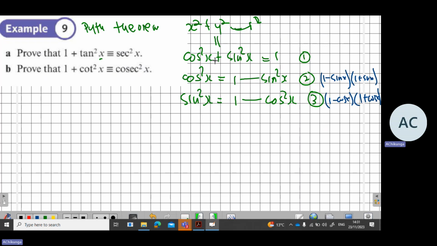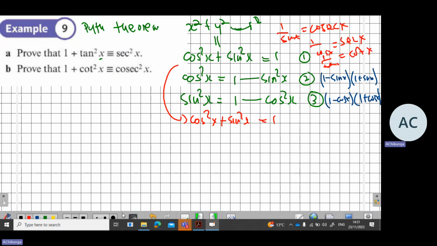There are times when, if I look again at this equation as it is here, I'm informed by the idea that we understand our reciprocal functions. 1 over sine is known as cosec x. 1 over cos is known as sec x. 1 over tan is known as cot x.